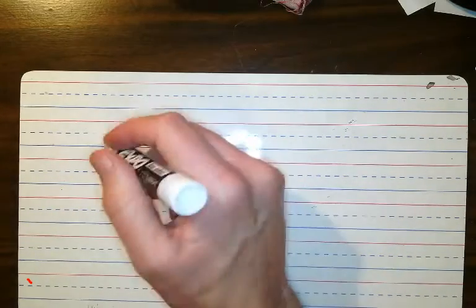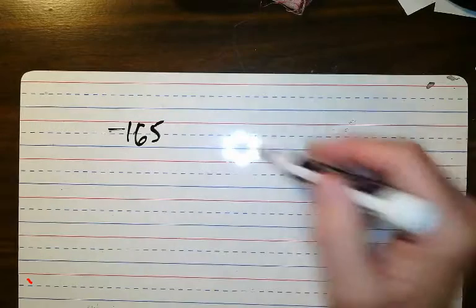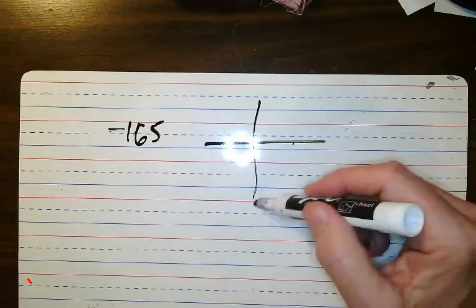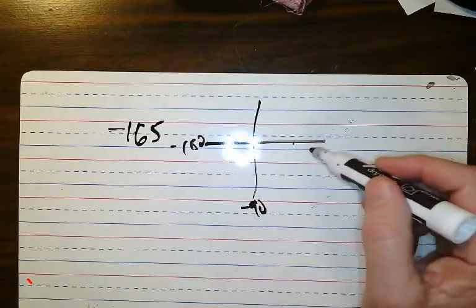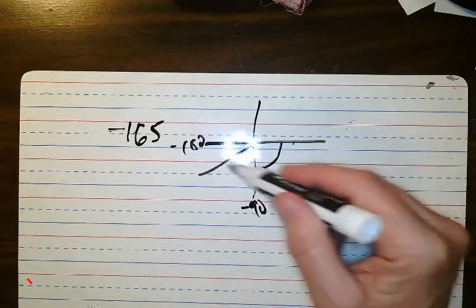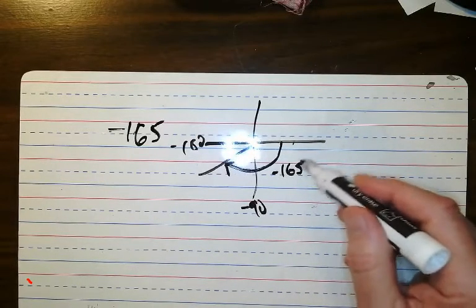So let's do angle negative 165. Where the heck is that? Remember, you always start here, and this is 90, and this is 180, so 165 has to be away from there. 165 is that angle, negative 165 degrees.